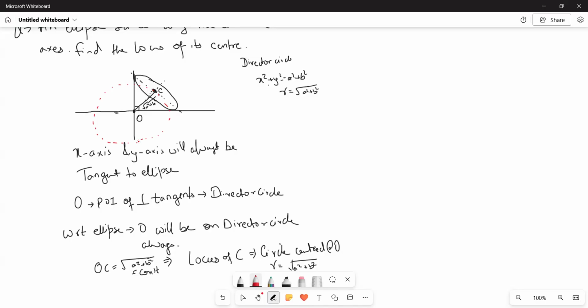ठीक है. But is this logically clear to everyone? If an ellipse slides along a pair of perpendicular straight lines, then the locus of its center is a circle centered at origin, radius root over a square plus b square.